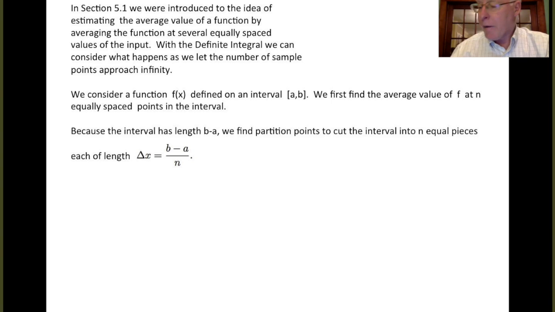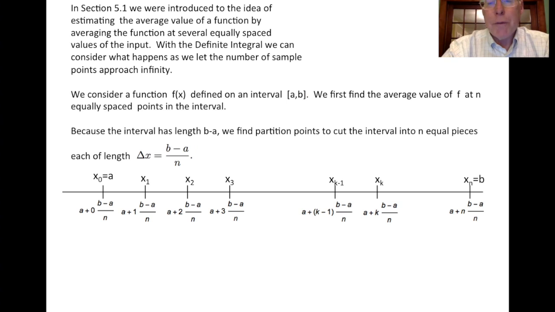But here, our interval, we find its length as b minus a. You always get the length of an interval by subtracting the smaller value from the larger. We want to divide this interval into n equal pieces, so each of those pieces is going to be of length delta x equals b minus a divided by n.